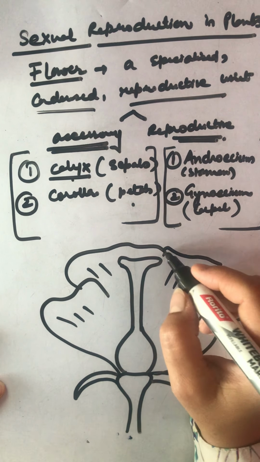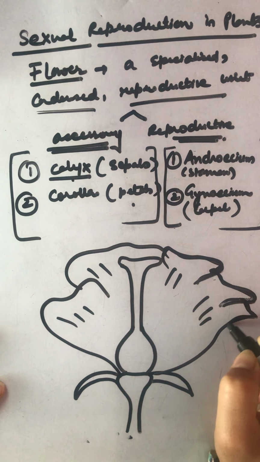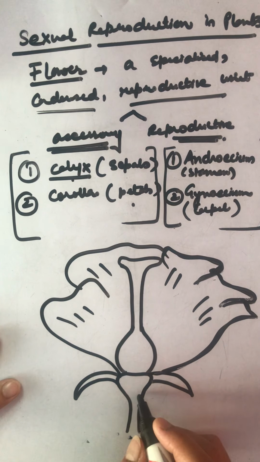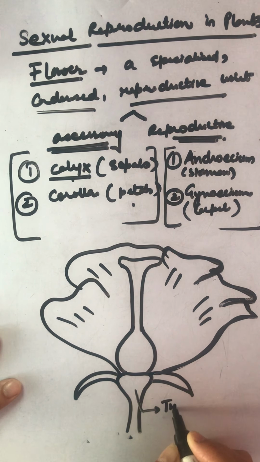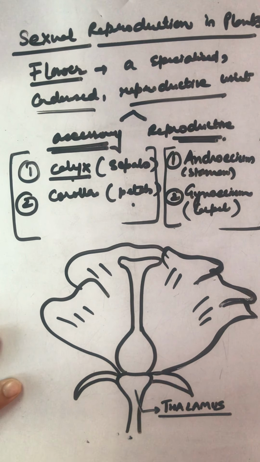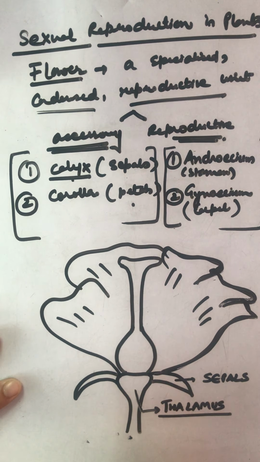Now, moving to the labeling, we say this one is the thalamus, the resting stalk. These are the sepals, which are green colored.